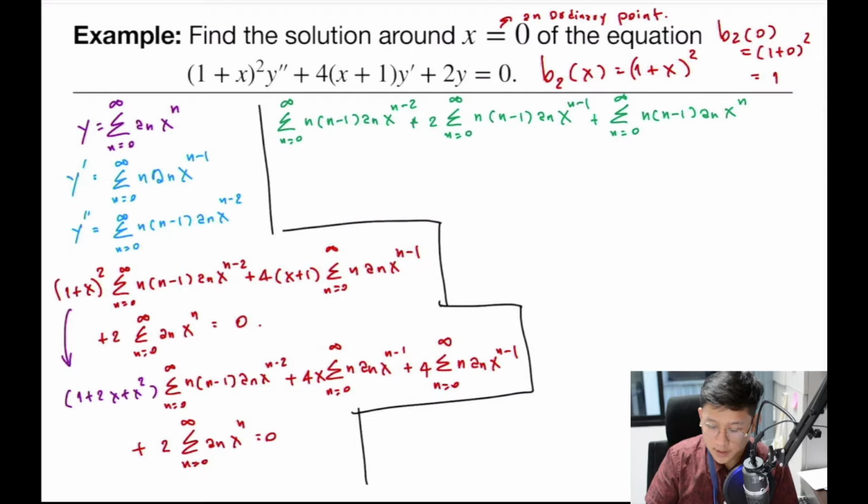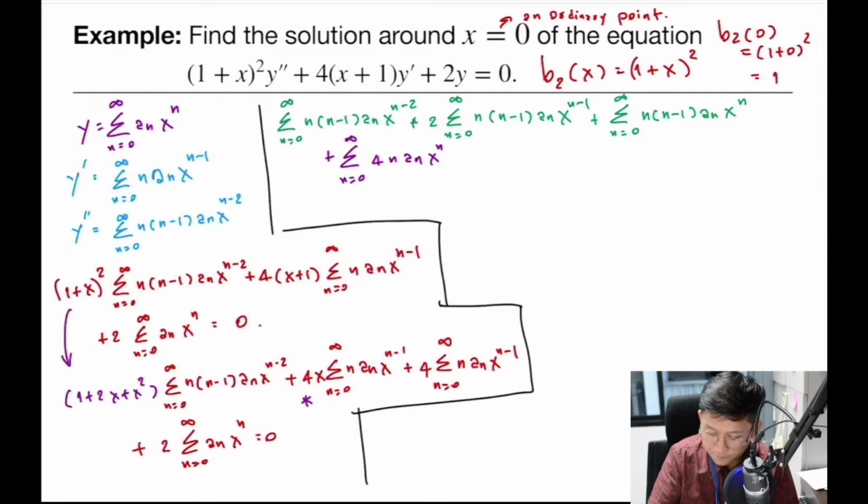After that I would have plus, beginning with this term, 4 times summation, let me put the 4 inside, summation n from 0 to infinity 4n a_n x to the n. Does it make sense?